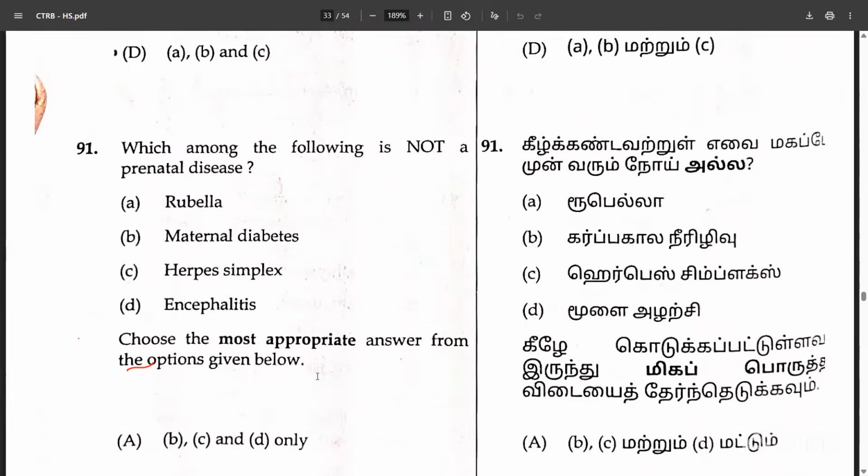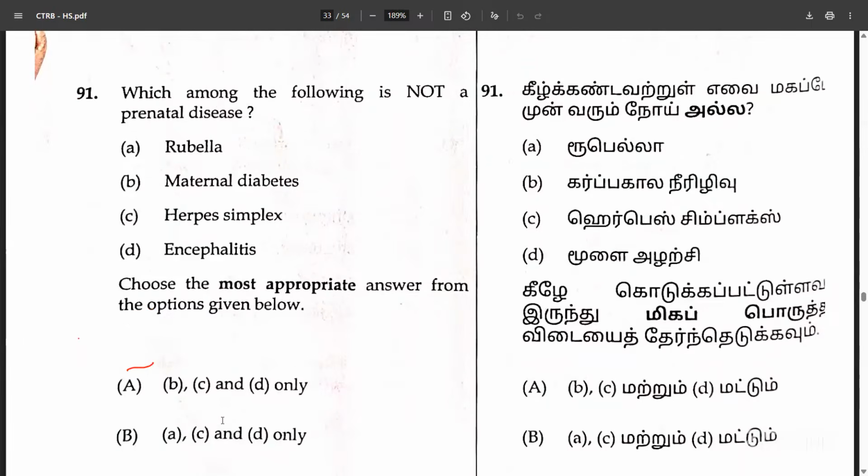Coming to the next question, which among the following is not a prenatal disease? Prenatal means before birth. So here: rubella, maternal diabetes, herpes, and encephalitis.